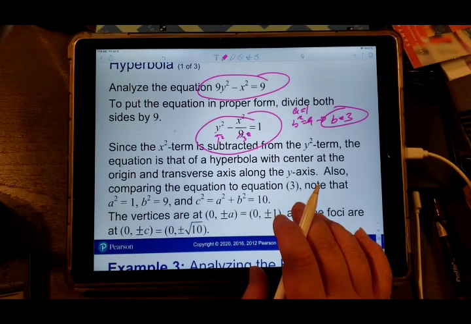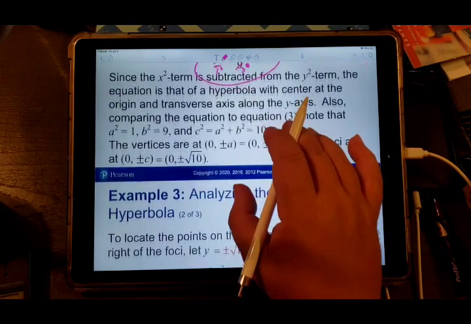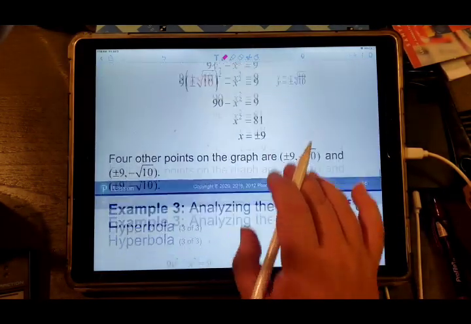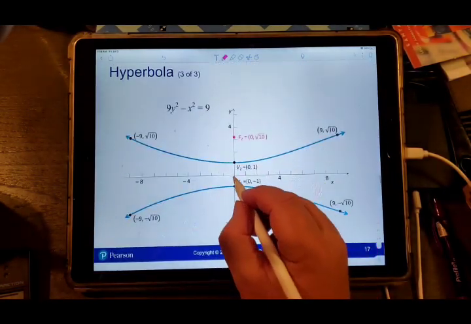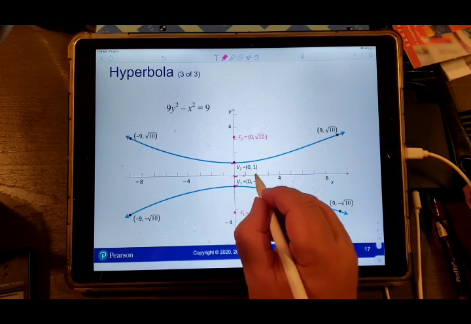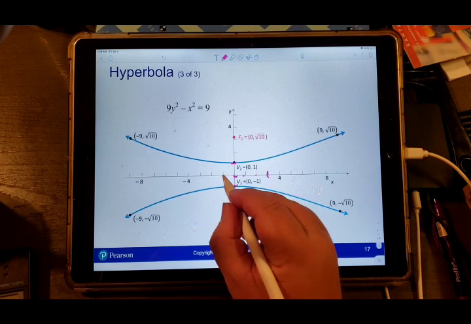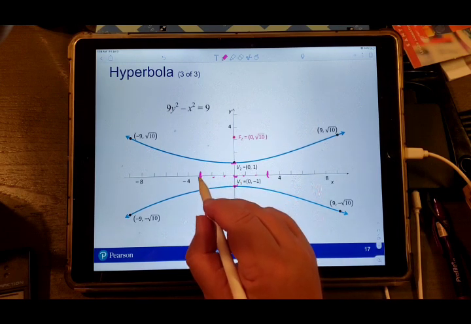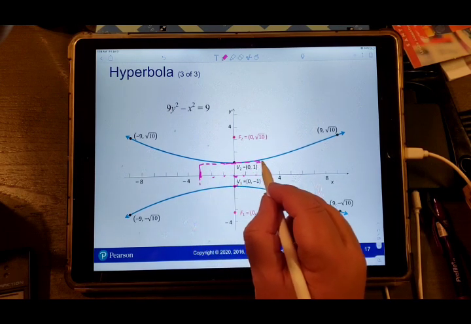And that means I can graph this if I come up with my little graph. All right, I'm going to go 1, 1, 2, 3. I'm going to go 1, 2, 3. I'm going to draw my rectangle.